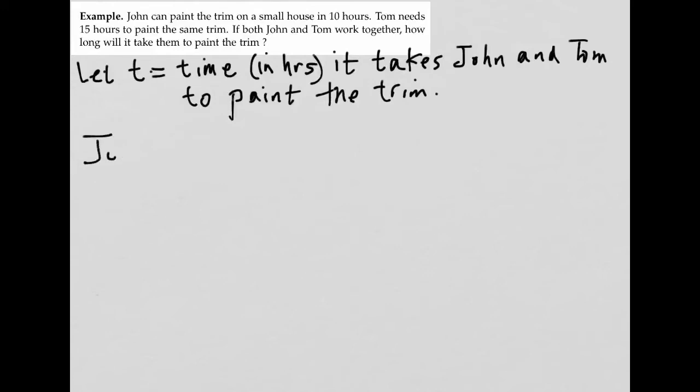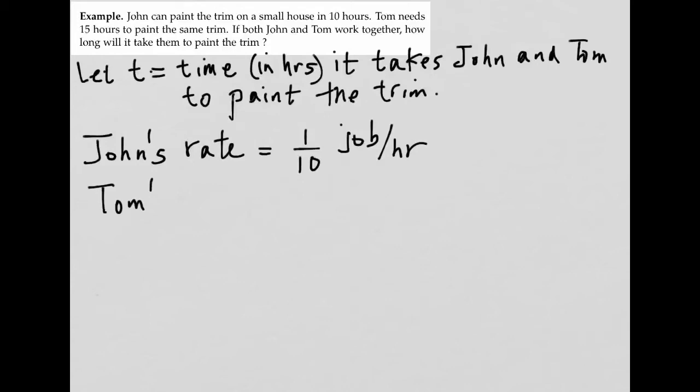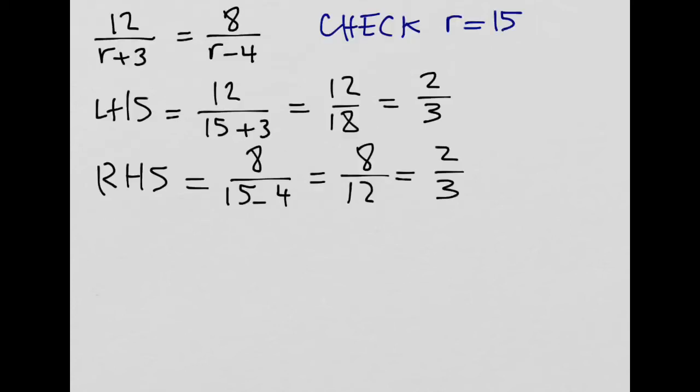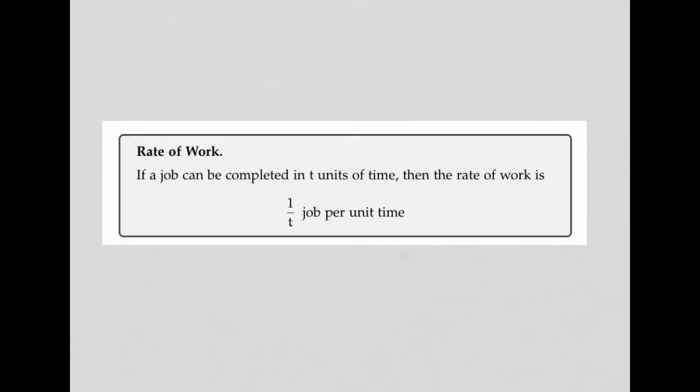John's rate is 1/10 job per hour, and Tom's rate is 1/15 job per hour. This is coming from rate of work. If a job can be completed in T units of time, then the rate is 1/T job per unit time.